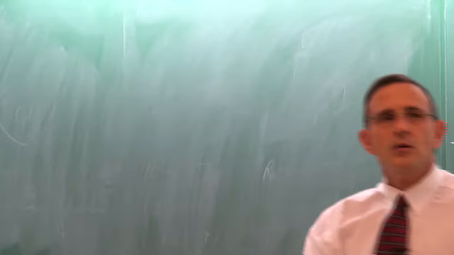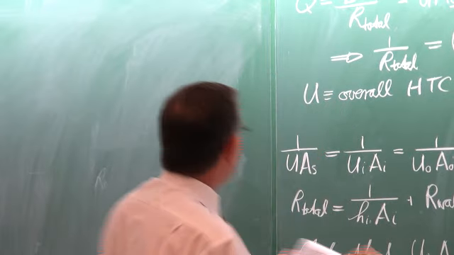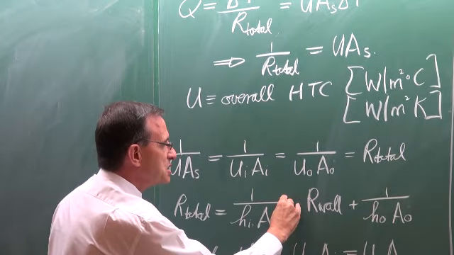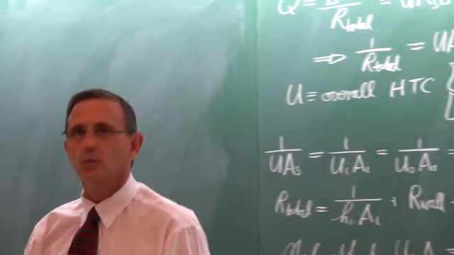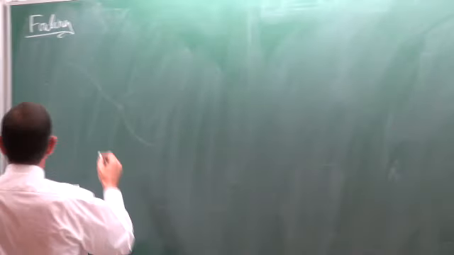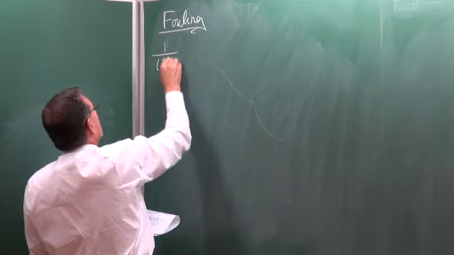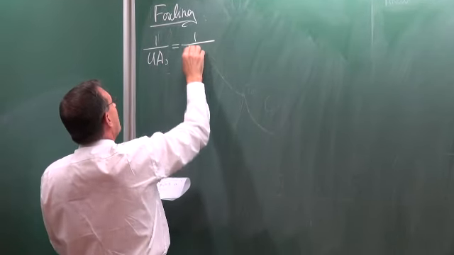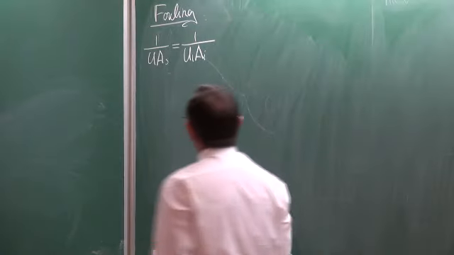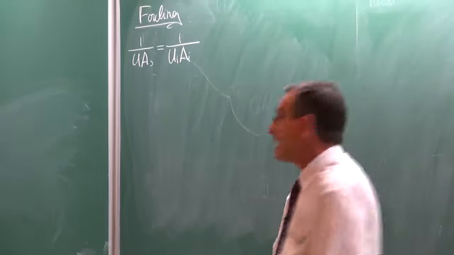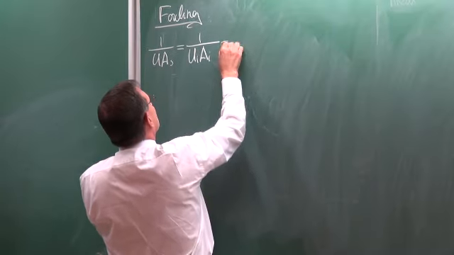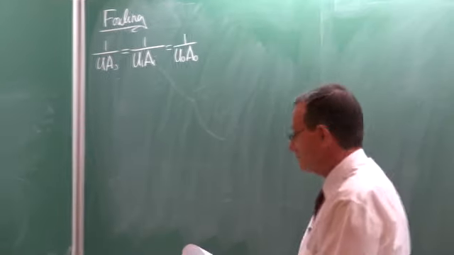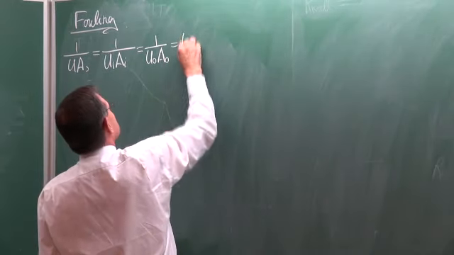We do that by making it very simple, by just adding two resistance terms here. If this is the wall, we put a resistance term on this side and another resistance term on that side. So the result is that we would say that 1 divided by the overall heat transfer coefficient multiplied by the surface area, which is equal to 1 divided by the overall heat transfer coefficient times the area on the inside, which is equal to 1 divided by the overall heat transfer coefficient times the area on the outside, is equal to the total resistance.